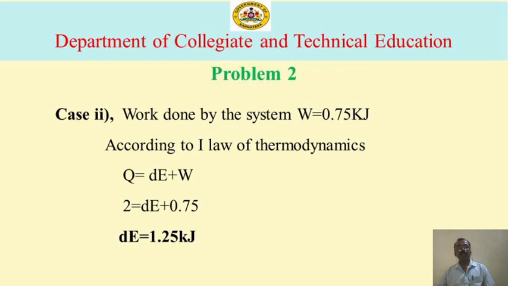Therefore delta E, the change in internal energy, is equal to 1.25 kilojoules, because delta E is taken to the left side and 2 is taken to the right side. So 2 minus 0.75 is equal to 1.25 kilojoules. It is the change in internal energy.